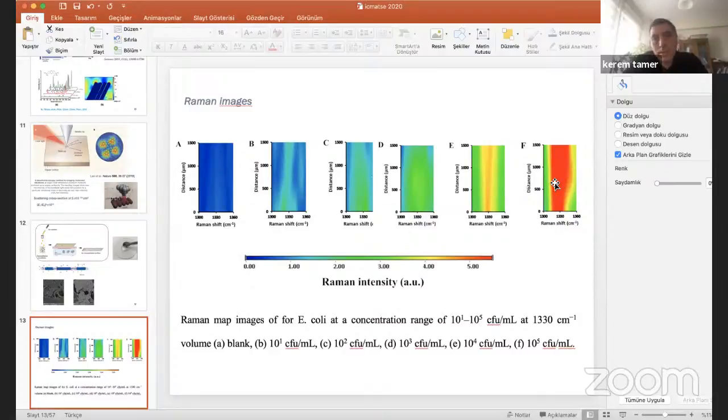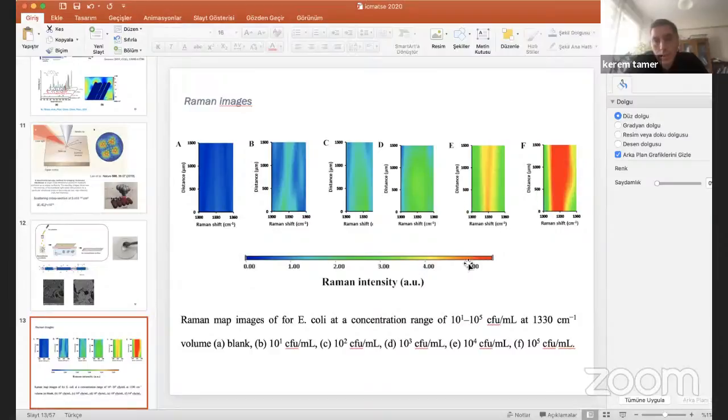Actually, we show this as a color change, but I'm going to show the signal intensity also. But you can map your surface using the Raman imaging technique. Okay, you can easily see that there is a very impressive increase of the signals.